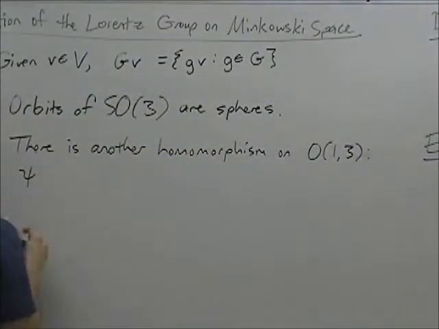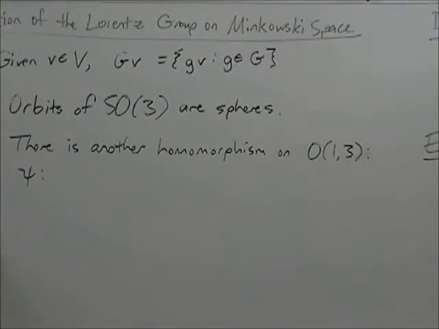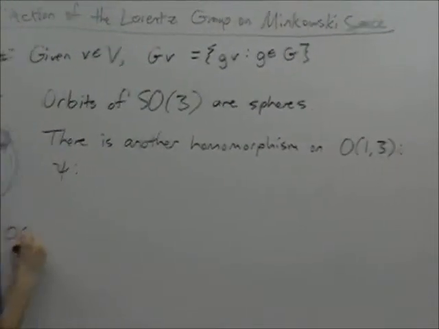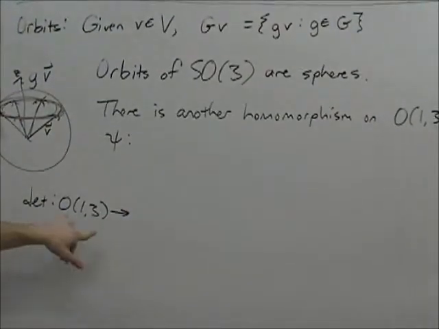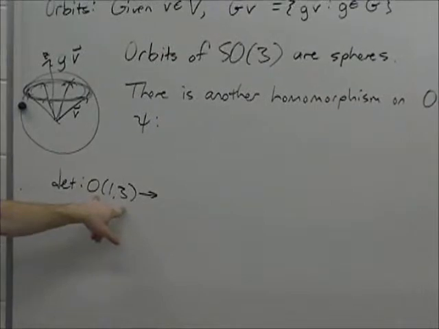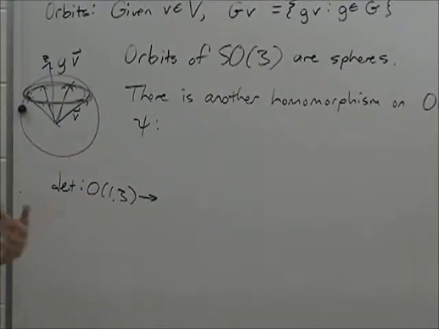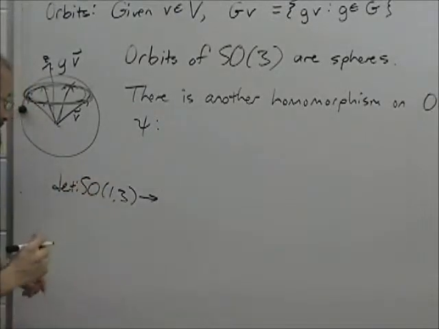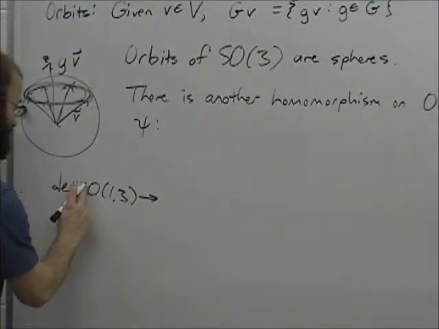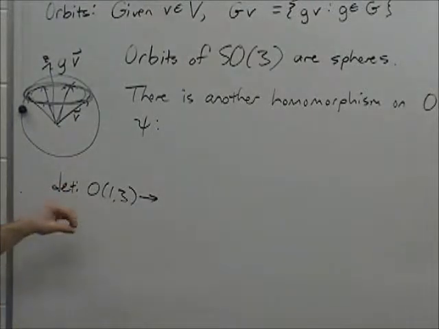Call it psi. By the way, the determinant homomorphism from O(1,3): you can show that if you're in the generalized orthogonal group, remember when you were in the regular old orthogonal group, you had either determinant +1 or -1.